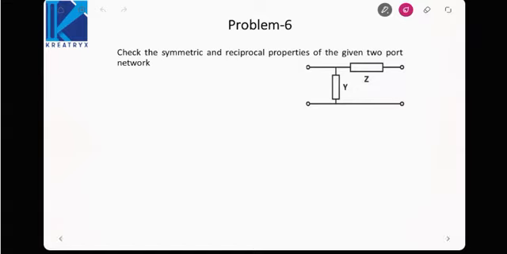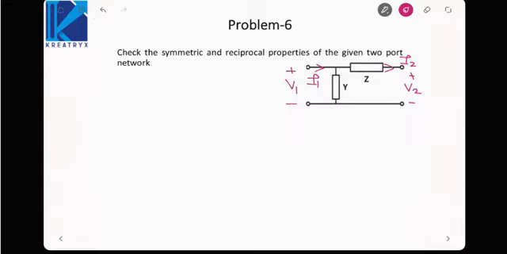In our next problem, it is asking us to check the symmetry and the reciprocal properties. So here, let me show V1, I1. You can make use of any parameters. I am using the transmission parameters here. Okay.